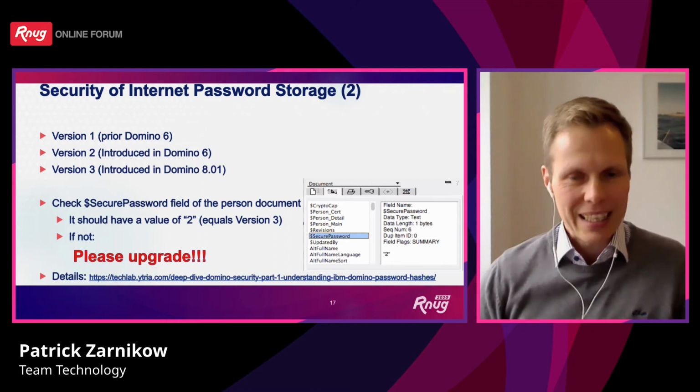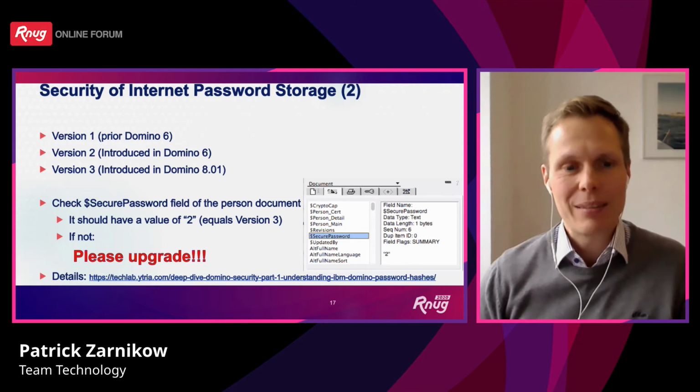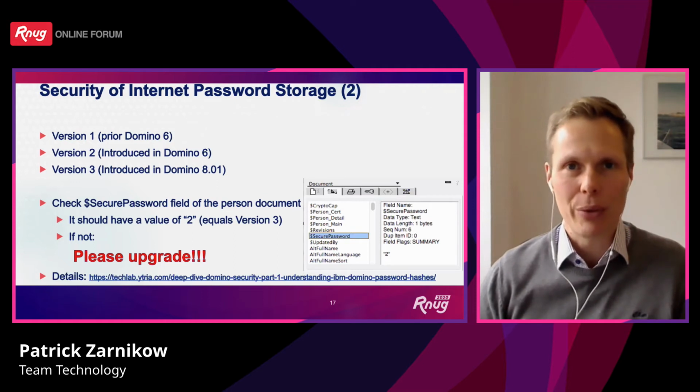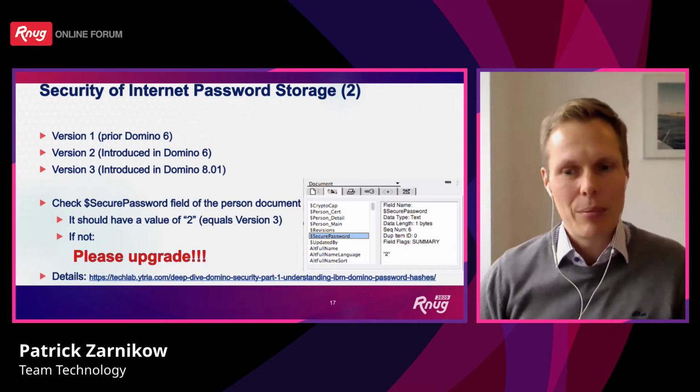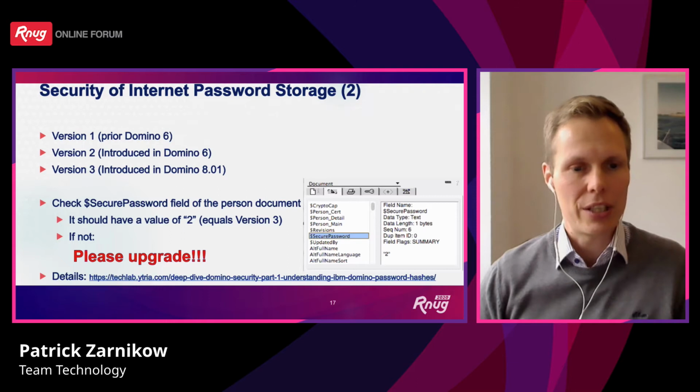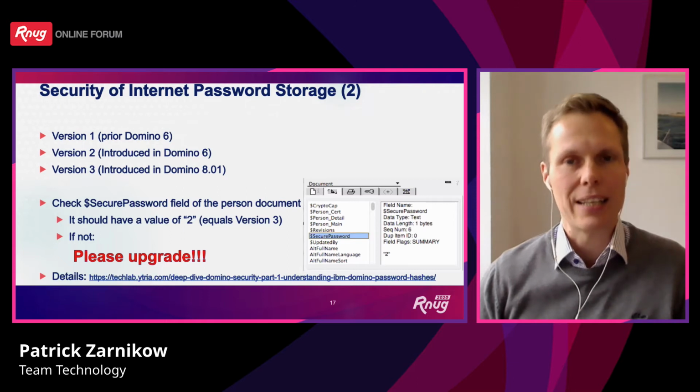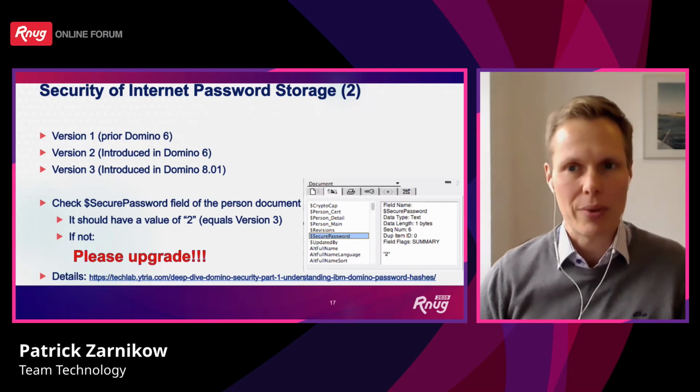If you don't have this set, please go ahead and upgrade, because otherwise it is very, very easy to break into your Domino server and find out the passwords for your users. You can take a look at the link I provide here. I think the slides will be available after the session, where the details about the password hashing algorithm are also explained.